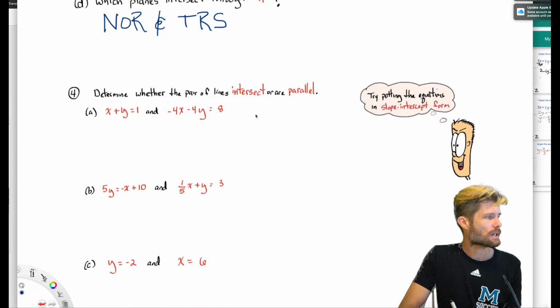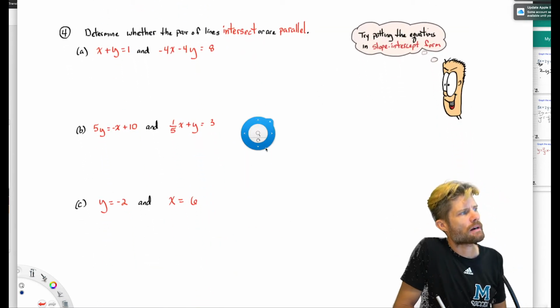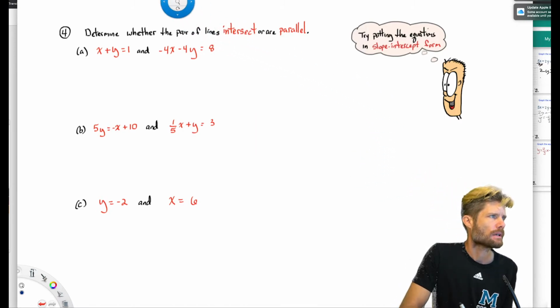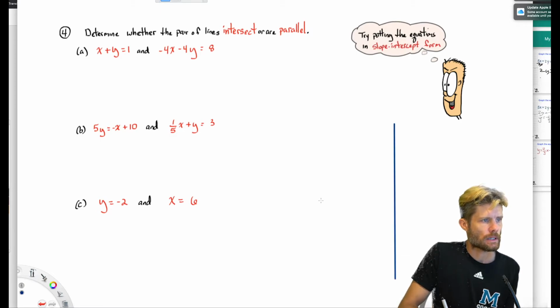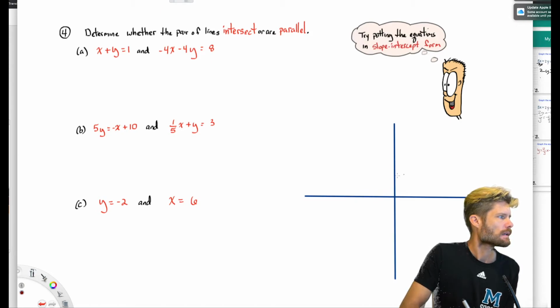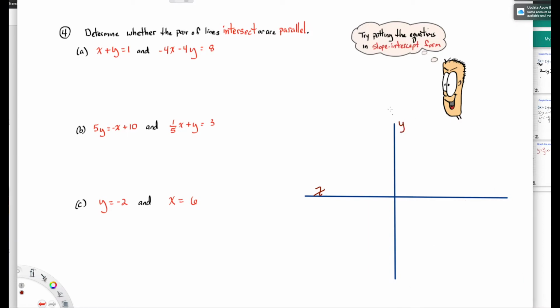Boom. Let's take a look at 4. Determine whether the pair of lines intersect or are parallel. Okay. So when we talk about parallel, we have an x and y axis right here, and that's our x, that's our y.